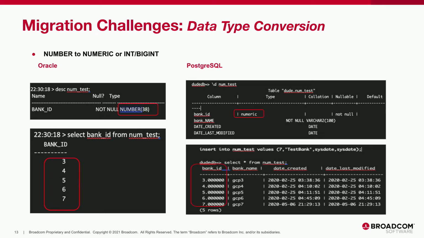But in Postgres, since there's a default precision and scale, it will insert like 3.0, 4.0, which would mess up a lot. So this is just one observation: we should explicitly specify precision and scale in Postgres, otherwise there will be a lot of data mismatch.